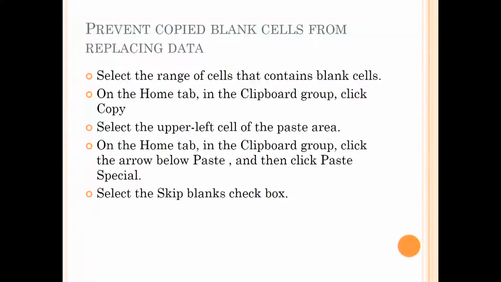Now, how do we prevent the copied blank cells from replacing the data? Firstly, select the range of cells that contains the blank cells. अब होम टैब पे दोबारा से क्लिपबोर्ड ग्रुप में से हम कॉपी सेलेक्ट करेंगे. देन यू हैव टू सेलेक्ट द अपर लेफ्ट सेल ऑफ द पेस्ट एरिया. फिर होम टैब पर जाकर क्लिपबोर्ड ग्रुप में यू हैव टू क्लिक द एरो बिलो पेस्ट एंड देन क्लिक पेस्ट स्पेशल. सो दिस इज यूज्ड व्हेन you have to prevent the copied blank cells from replacing the data.